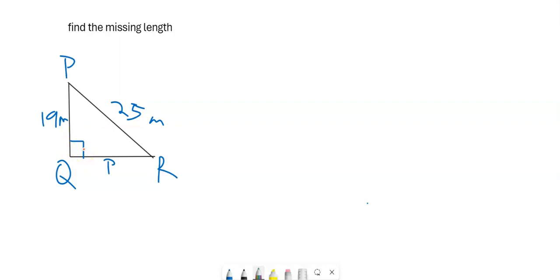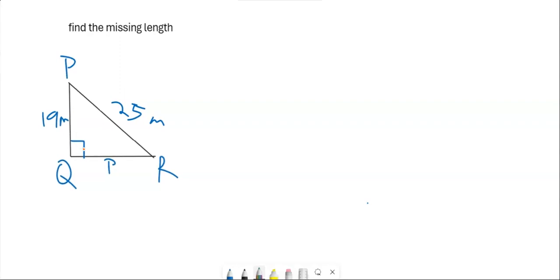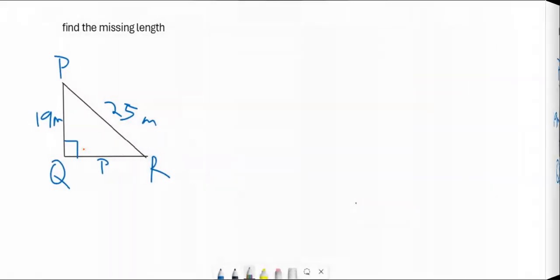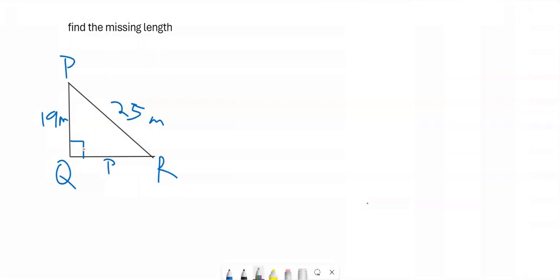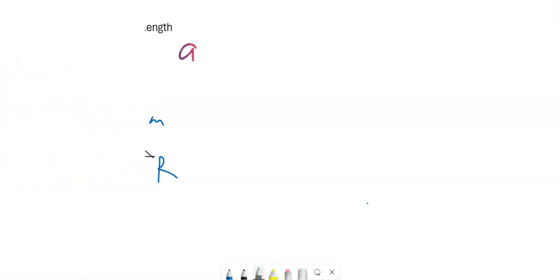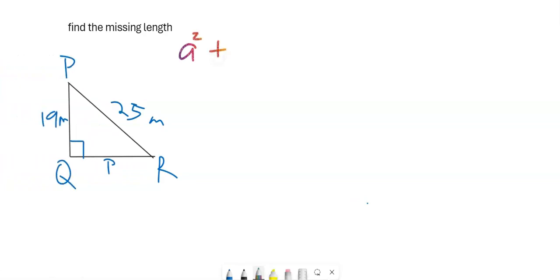We can only use Pythagoras theorem when we have a right-angled triangle and two lengths of that triangle, and we're trying to find the third length. Alright? So in approaching these questions, as I always say, always write down your formula first. So our formula is a squared plus b squared equals c squared.